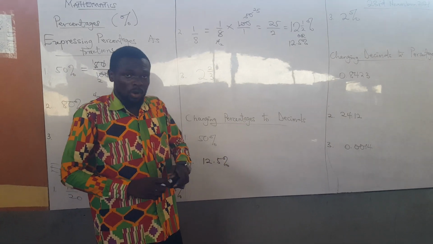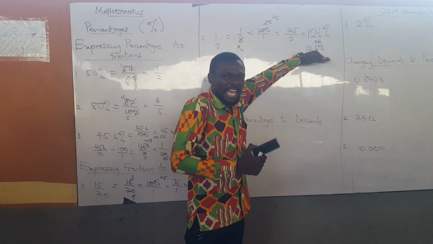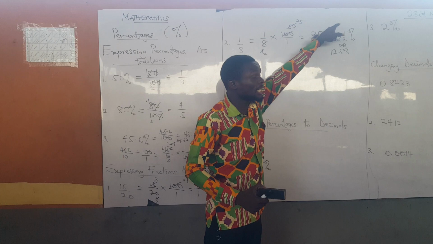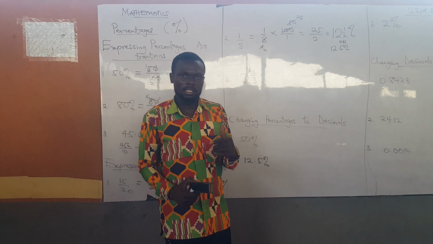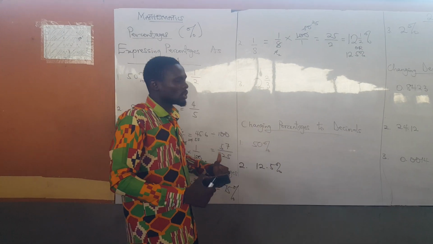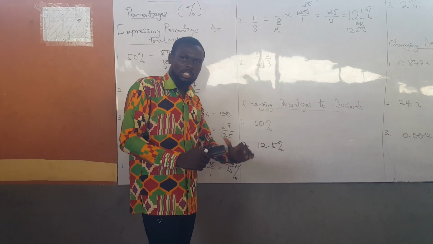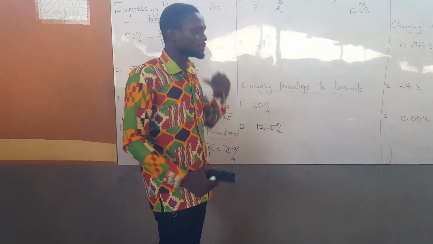But if the question also asks, express it leaving your answer to the nearest whole number, then you should know that we don't need the fraction. We don't need the mixed fraction. Therefore, we will need the decimal. So if you are being asked to express a fraction as a percentage, just multiply the fraction by 100.